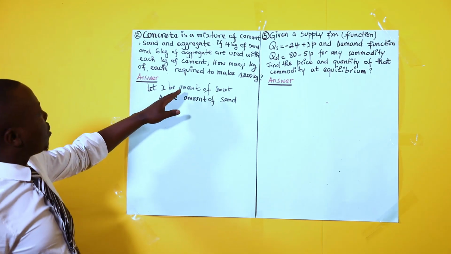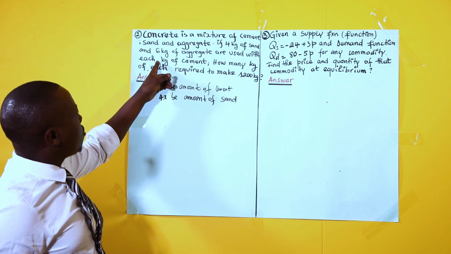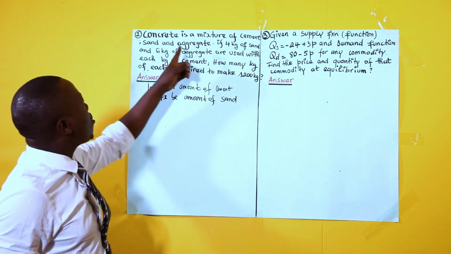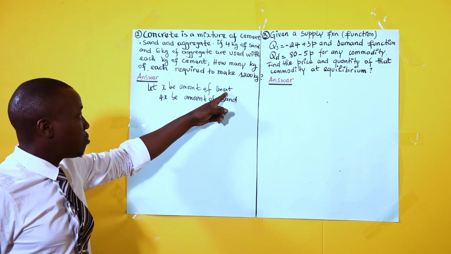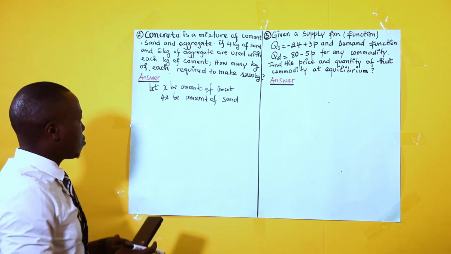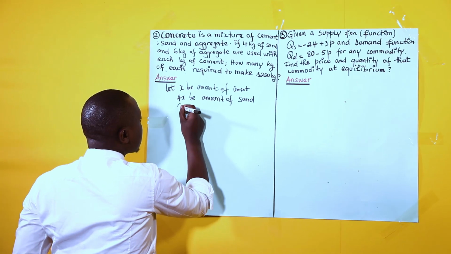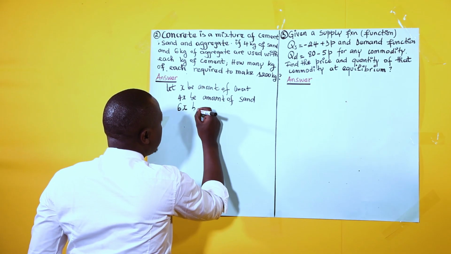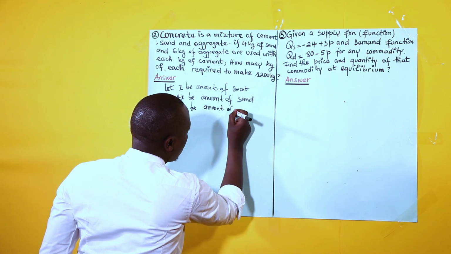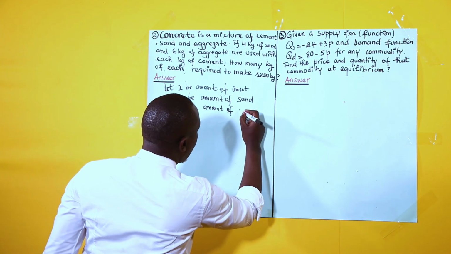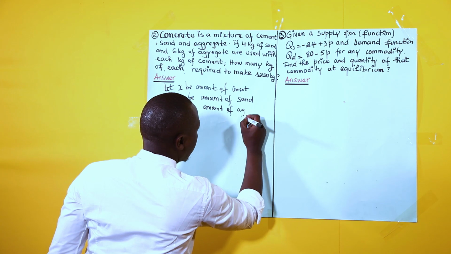Within 1 kilogram, we also use 6 kilograms of aggregate. X is the amount of cement, 1 kilogram, so 6 times x is the amount of aggregate.